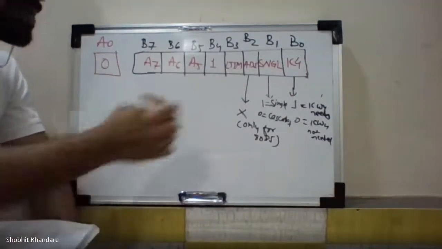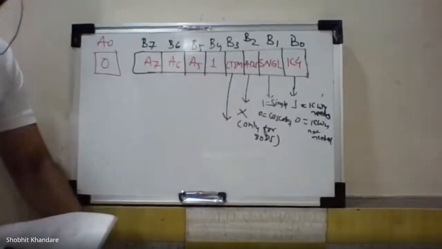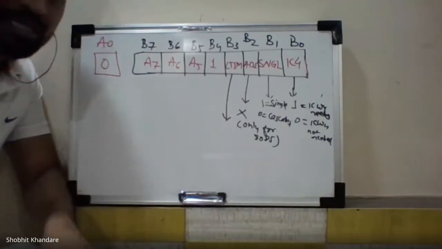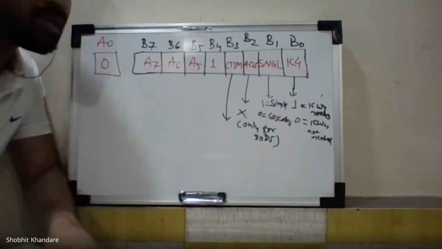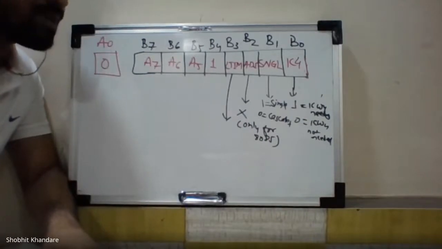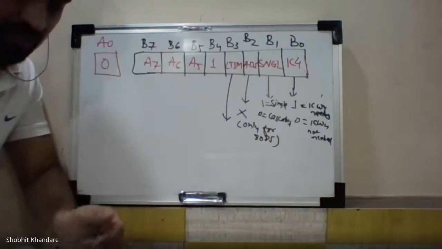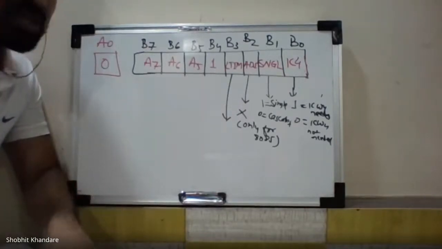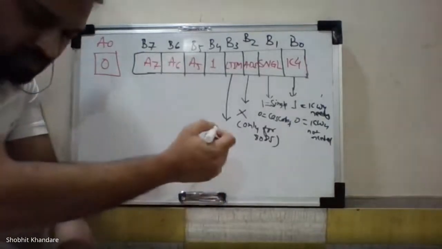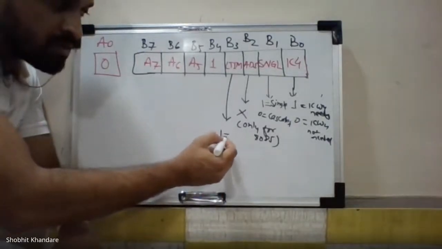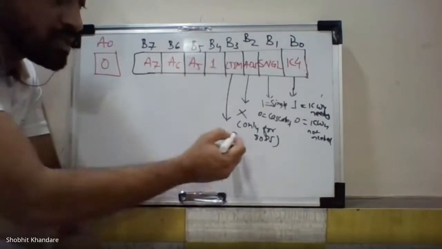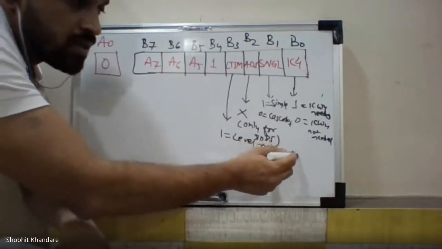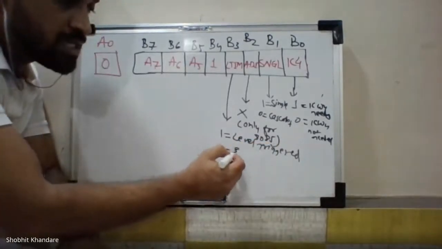Then comes the next one, LTIM. This is an important bit. I have told you that your interrupt can be level triggered or edge triggered. If your interrupt is level triggered, this bit will be set as 1. When this bit is 0, it is edge triggered.